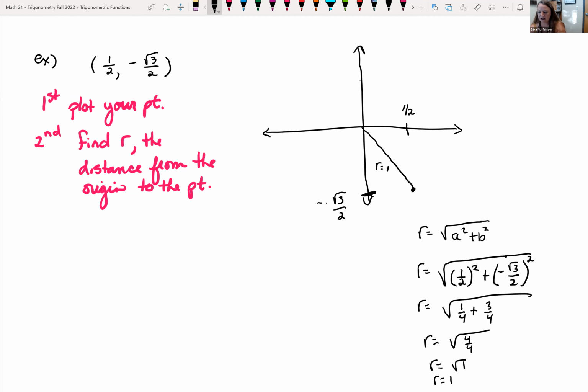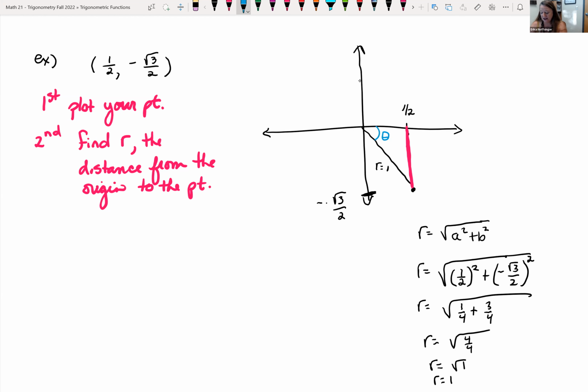If we want, we can create a triangle. When you're creating the triangle, always create it with the x-axis, never with the y-axis. So we're going to create it with the x-axis, and we're going to make it so that the right triangle has an acute angle. Since it's the positive x-axis making this angle here, it's going to be an acute angle, less than 90 degrees.